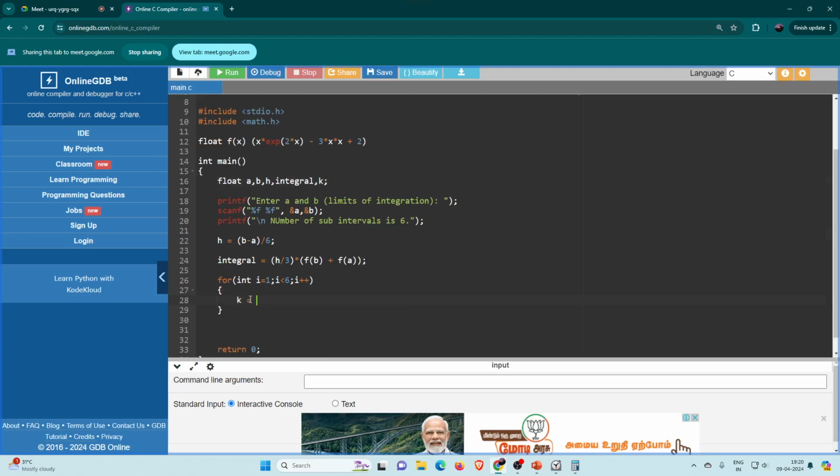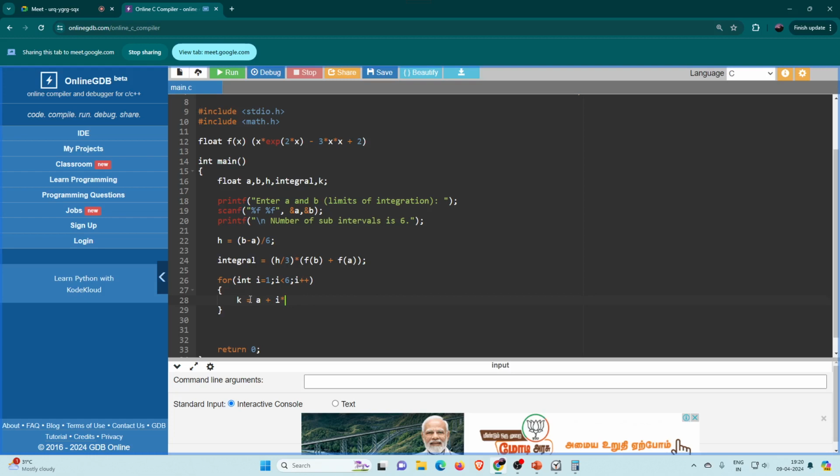So k equals a, the lower bound, plus i into step size, right?